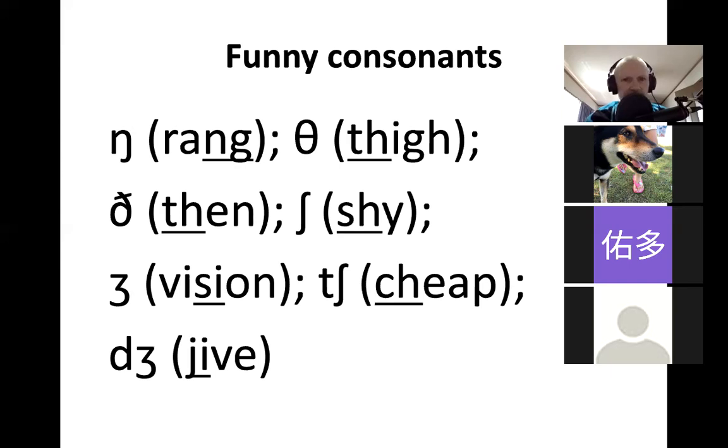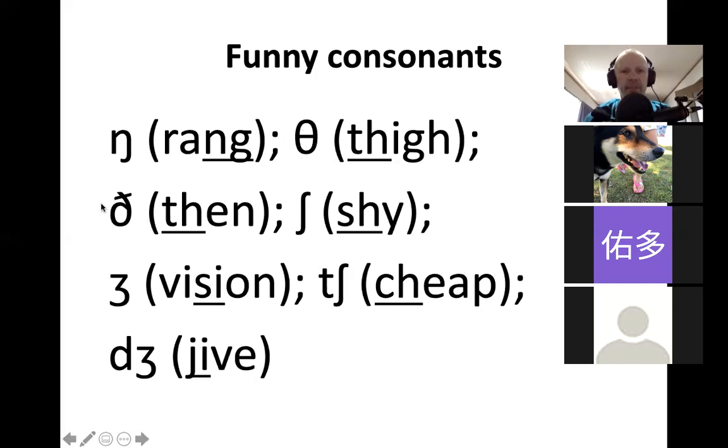All right, these funny consonant sounds are a little bit more difficult. You have to kind of remember these. You've done these already, right? We're going to review these. Rang, right? As an N and a G together. Then you've got sticking your tongue out between your teeth: thigh.